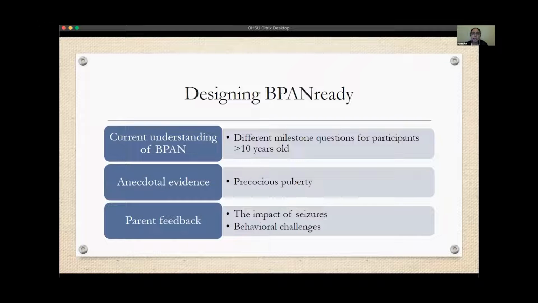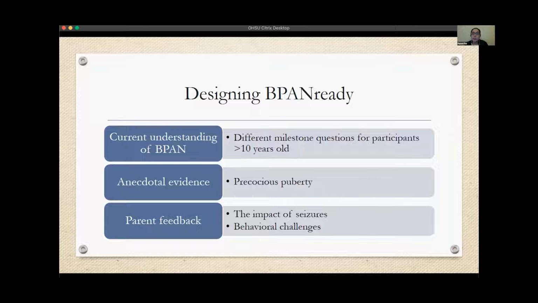And then finally, parent feedback. So we had a BPAN meeting in Portland a few years ago. And as a part of that study, what we did was have breakout sessions with parents to ask them what symptoms are the ones that you're most concerned about and what symptoms have had the biggest impact on your life.